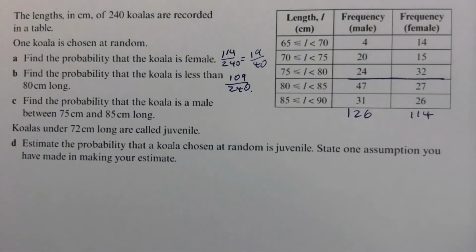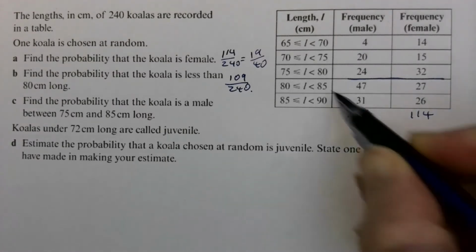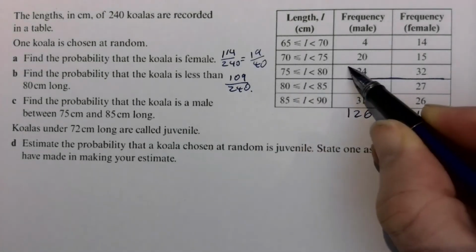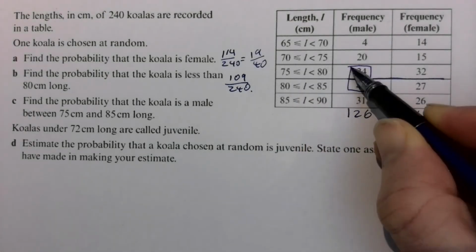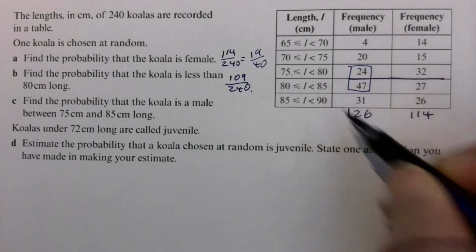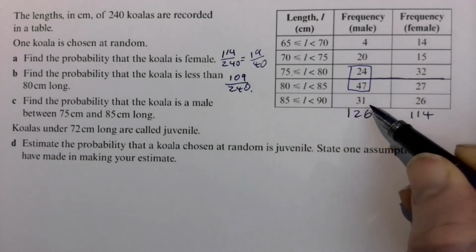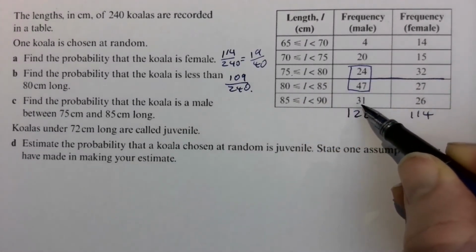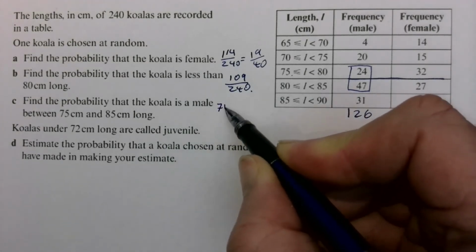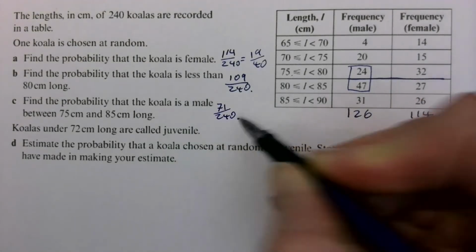Then, what's the probability the koala is a male between 75 and 85? So that is these ones here, isn't it? Between 75 to 80 and 80 to 85. Add those two together and you get 71 out of the 240.